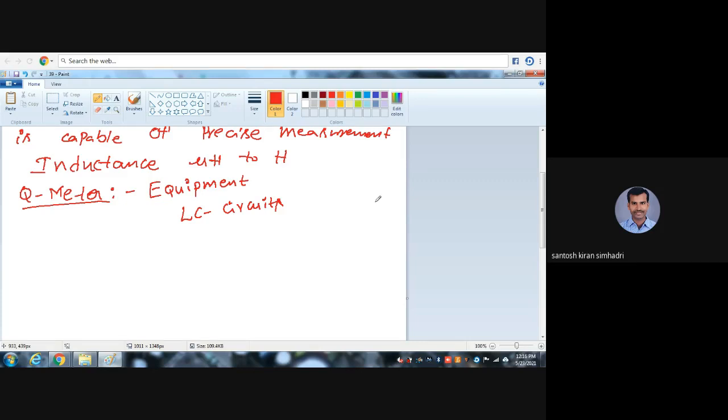One important point: if you want the value of the capacitance, you have to use a known capacitance value. Otherwise, it is very difficult to find the unknown capacitance value and unknown inductance value. That is the beauty.